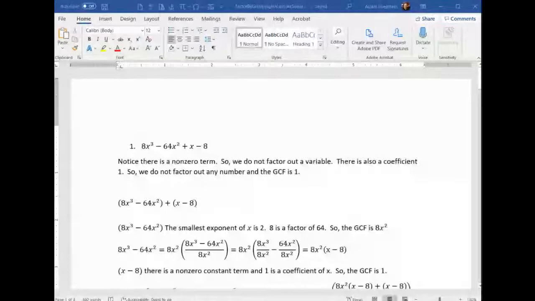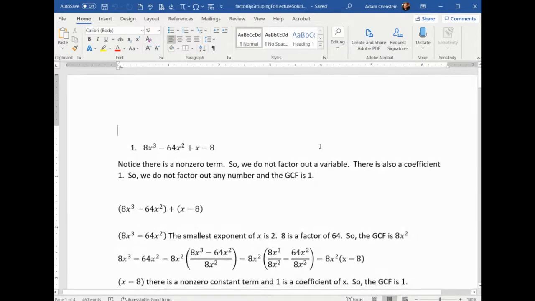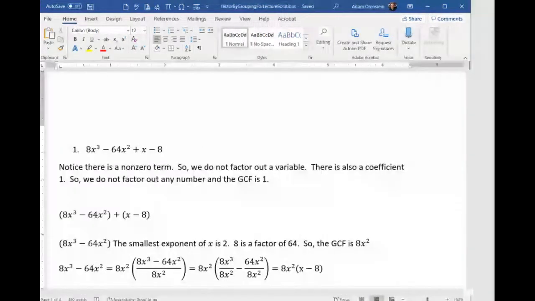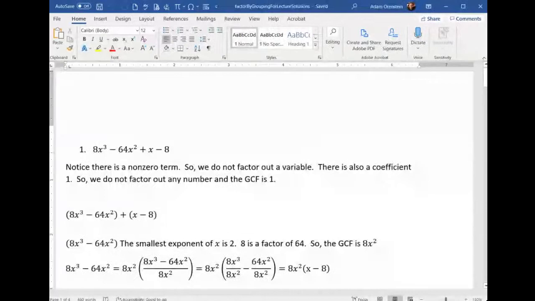Okay, here it comes. So for the first one, notice that there's a non-zero constant term, right? And again, when that happens with the GCF, that means that you can't factor out a variable. So in other words, I didn't write it here, but your M happens to be 0 in your GCF.